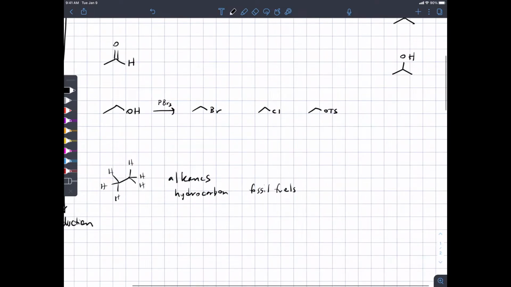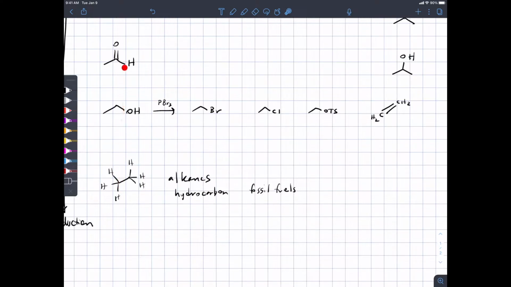By an elimination reaction, I can convert into an alkene. So within each oxidation state, there are a lot of what we'll call functional group interconversions where I'm not changing the oxidation state.